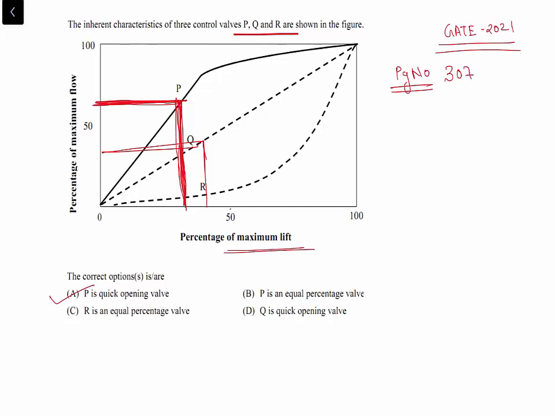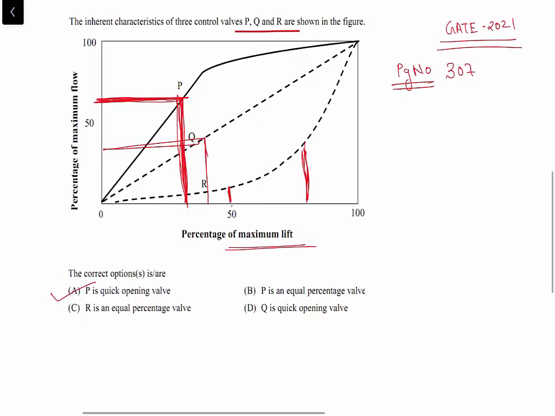Now talk about R. If you see R, what is happening is an increasing sensitivity. It means that it is an equal percentage valve.